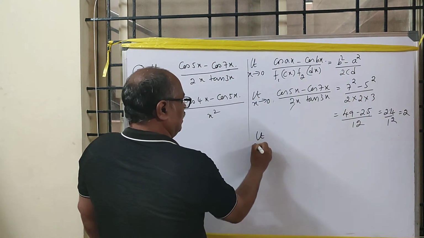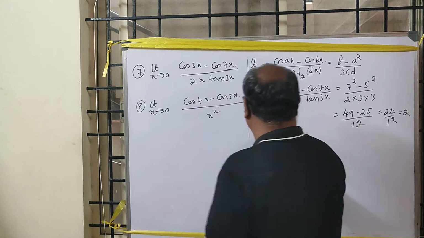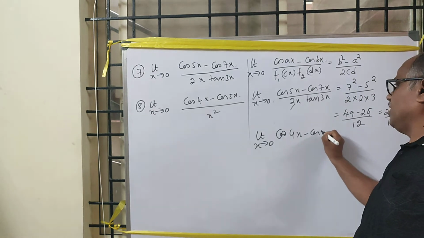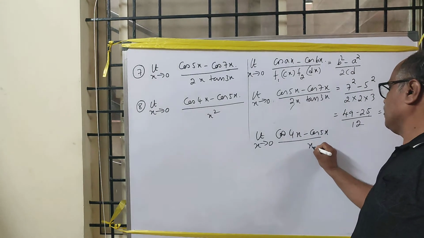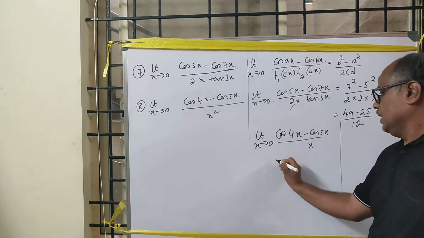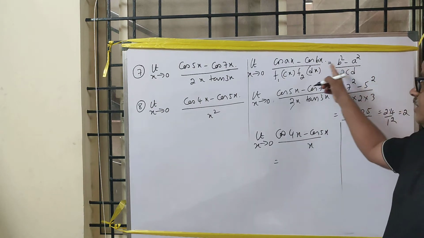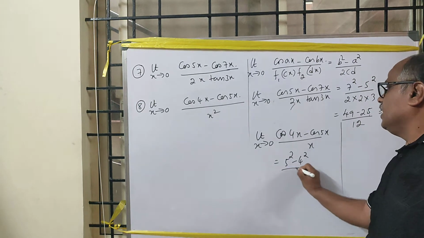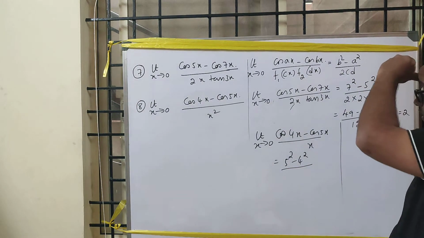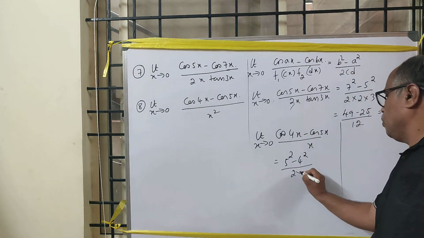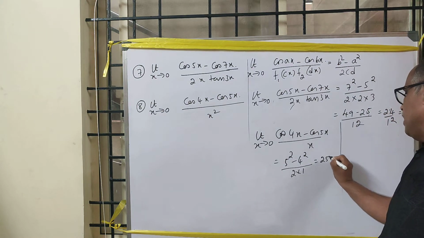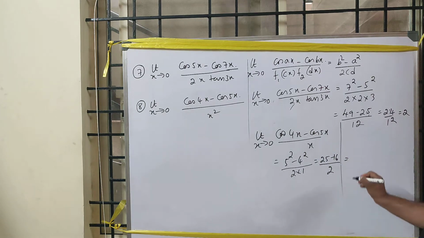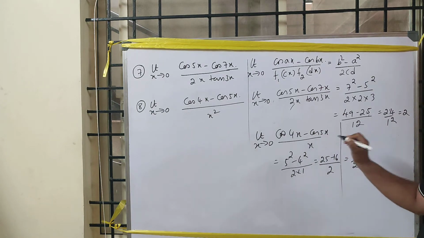For the 8th one, limit x tends to 0, cos 4x minus cos 5x divided by x square equals b square minus a square divided by 2cd. The value of b is 5, so 5 square minus 4 square divided by 2 into 1: 25 minus 16 divided by 2, 25 minus 16 is 9, 9 by 2 is the answer.